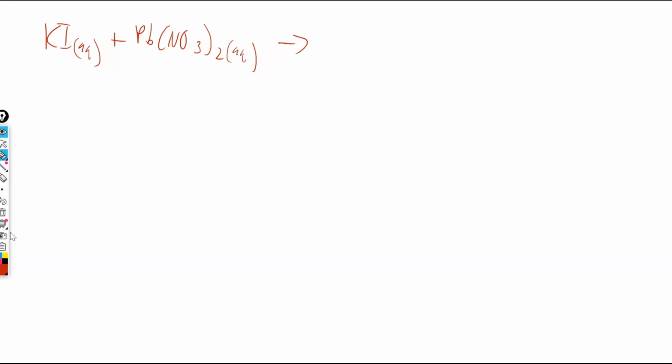So remember, things of the same charge switch spots. So now these two, remember, the potassium and the lead will switch spots, creating, if lead will now go with iodide, lead iodide, PbI2, in some phase, plus potassium nitrate, KNO3.